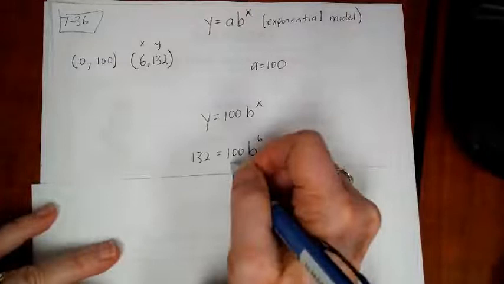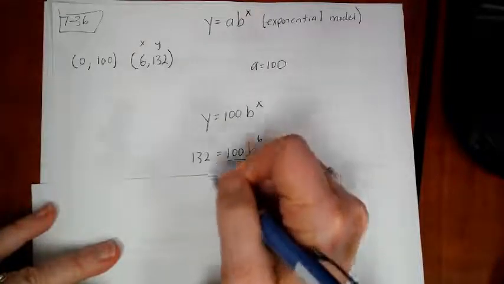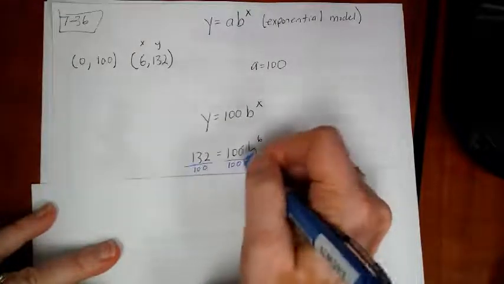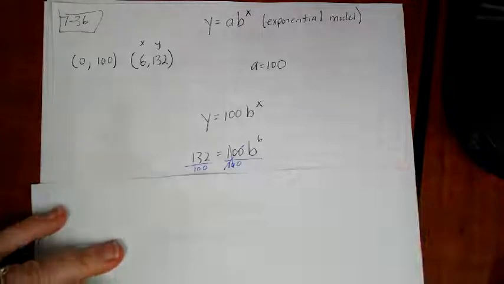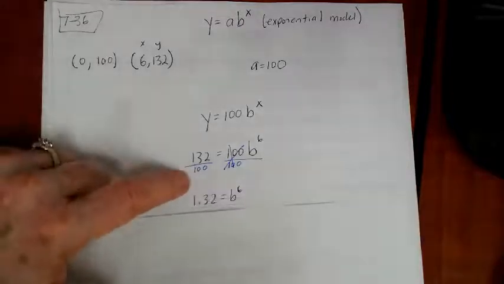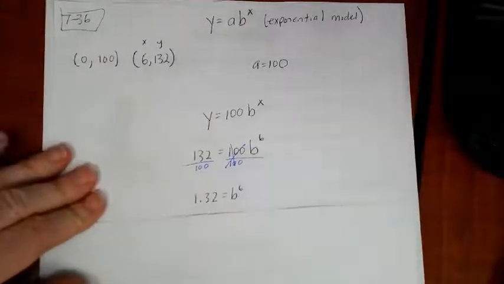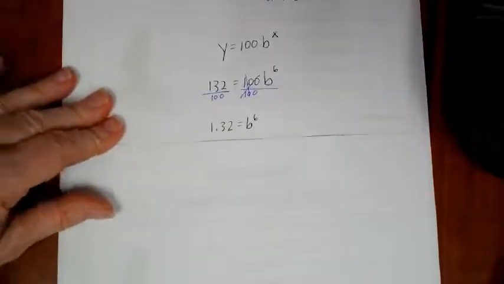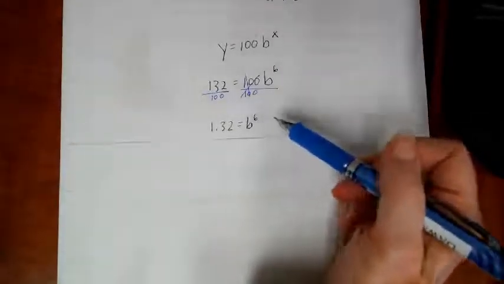So you would want to divide both sides by 100. And then you'd have b to the 6th equals 132 divided by 100, which is 1.32.